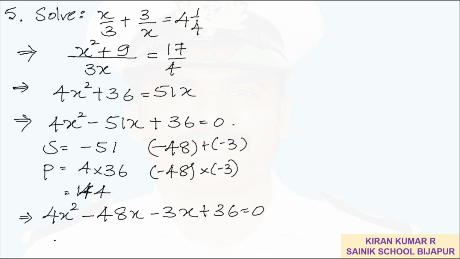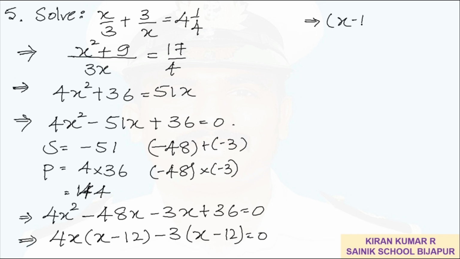Now take 4x as common. We'll be getting x minus 12, minus 3 common, x minus 12 equal to 0. Let me continue here. We have x minus 12 as common. You'll be left with 4x minus 3 equal to 0.